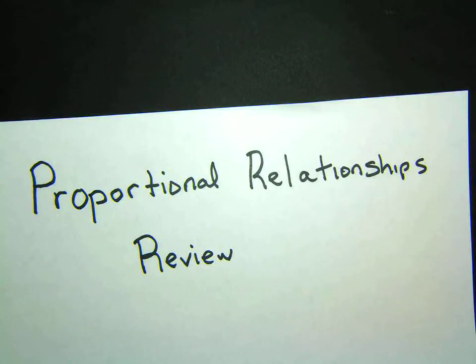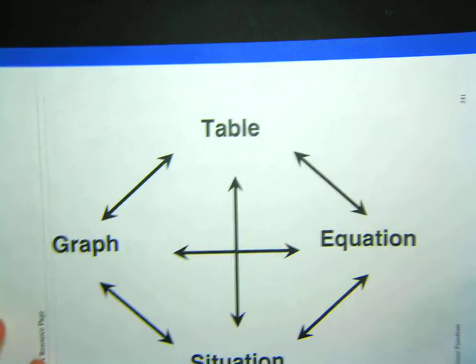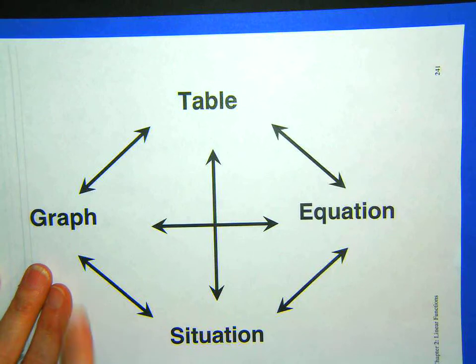In addition to their blank axes work, which is a big part of the first 4 lessons, we're also going to be looking at a proportional relationships review, trying to bring all of those things up from 7th grade. And we're going to try really hard to connect situations to a graph, which is what's going to happen in this lesson.